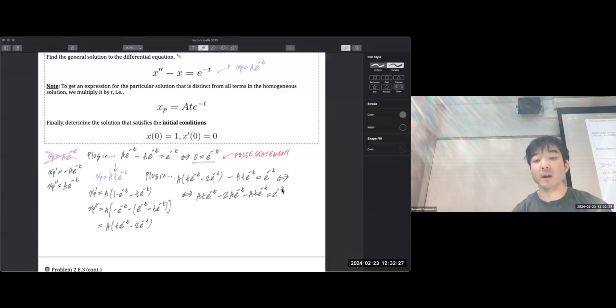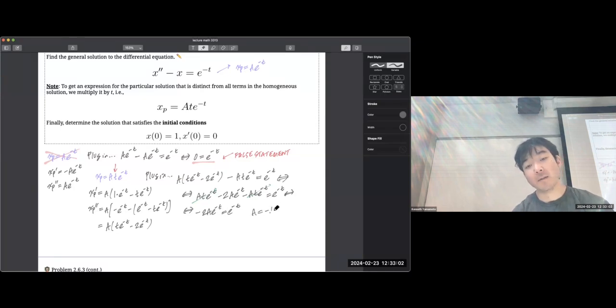Immediately I see that this and this cancel, because it's A t e to the negative t and A t e to the negative t, and there's a minus. So those cancel. So we're left with just negative 2 A e to the negative t equals e to the negative t. You can, of course, just stare at this and be like, well, A has to be what?